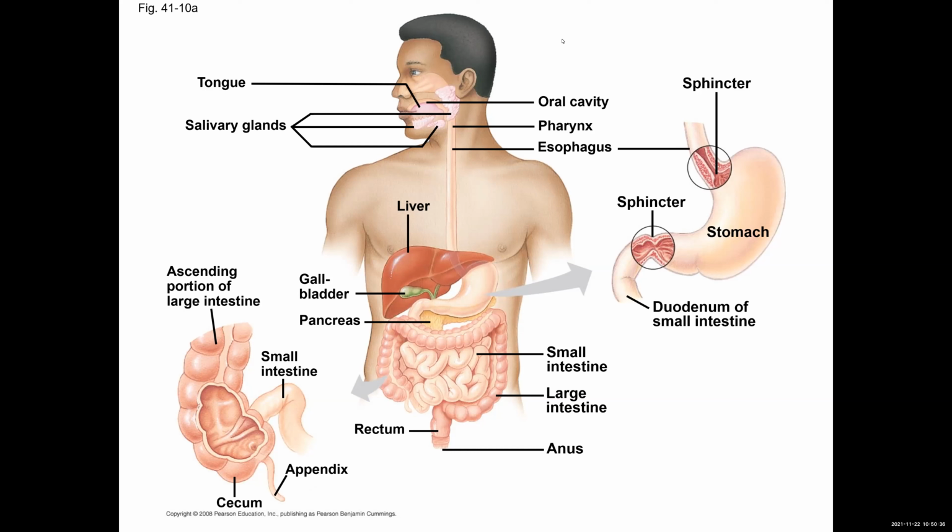And besides having regions of this tube, we also have what are called accessory glands, right? When we think about the fact that we may accessorize our outfit, or we have accessories, those are going to be our purse, our jewelry, our watch, our belt, whatever, things that are hanging off the side of our otherwise outfit.